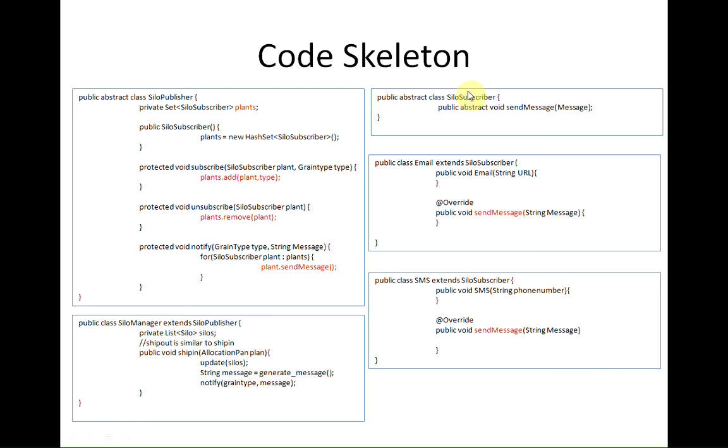And the observer declares a method called send message. And the two concrete observers, email and SMS, both need to implement this method send message, according to the previous class diagram.